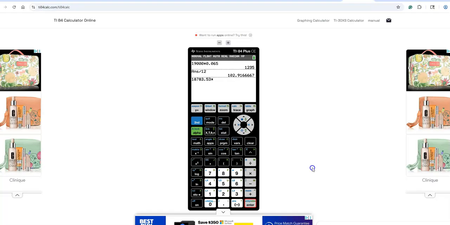multiplied by 0.065. And you see it's already a little bit smaller than we had, $15 left. Divided by 12. So now our interest is a little bit smaller. The previous month's interest was $102.90. Now it's $101.74.